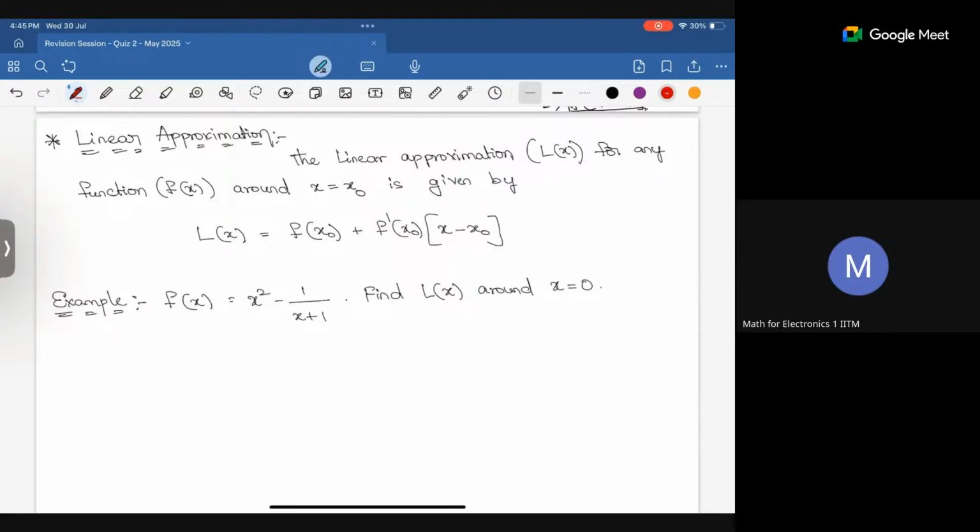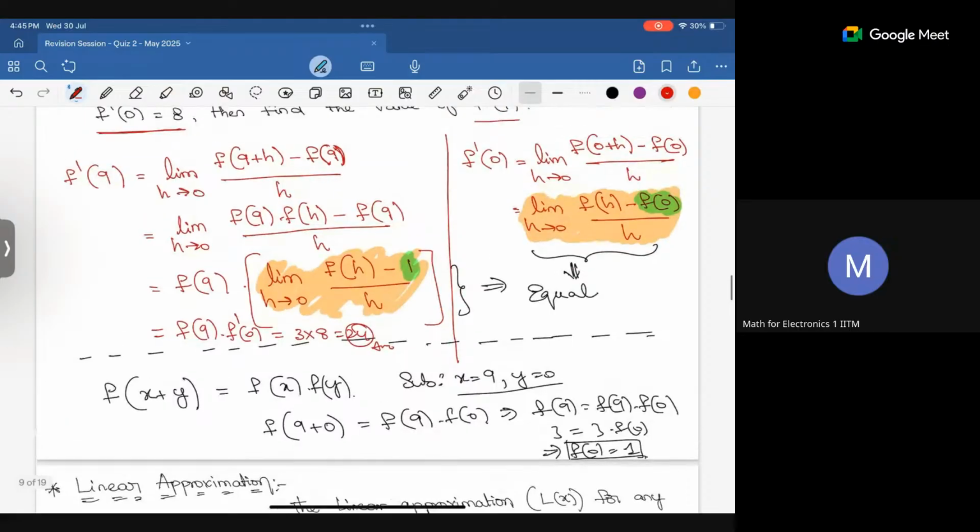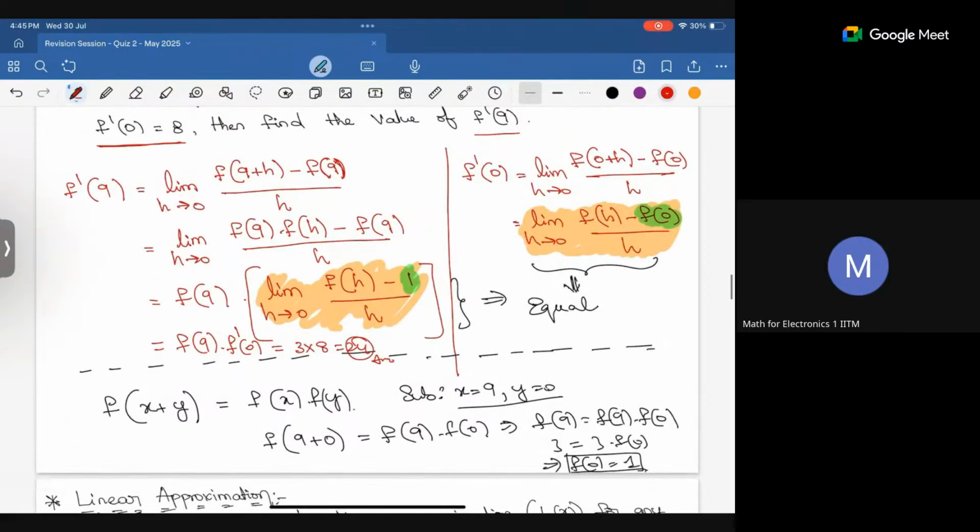Yes, Shashank? Do you have any doubt? They have asked to find f prime of 9. Yeah, that is what we found, no? That is where we started.